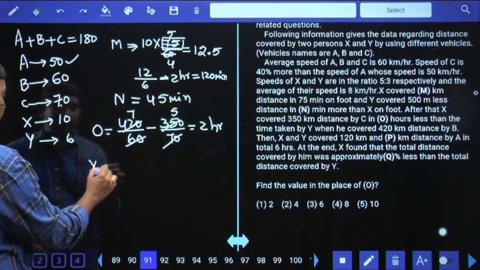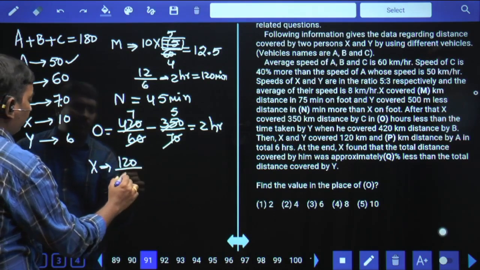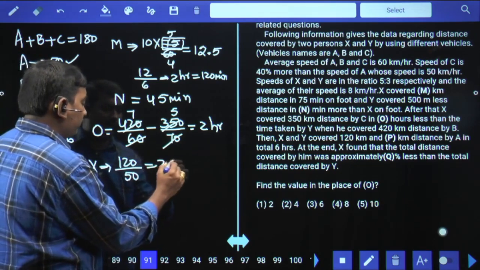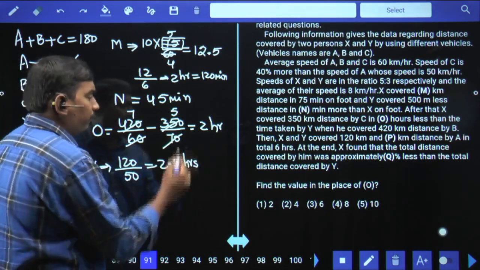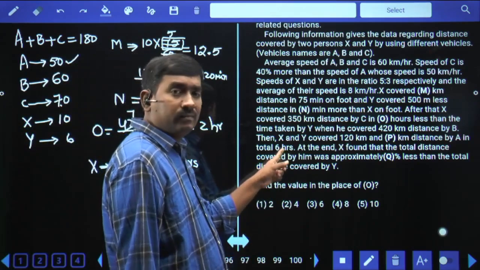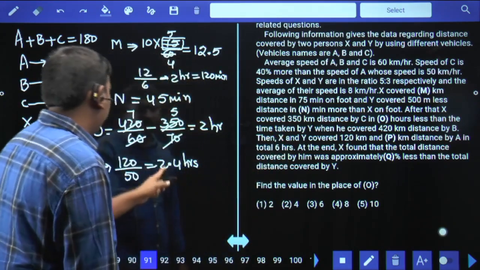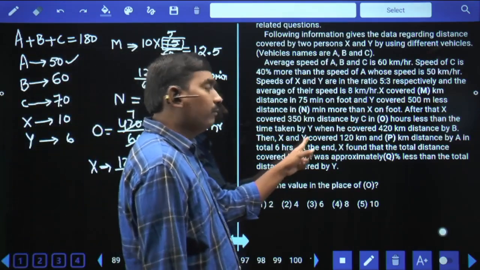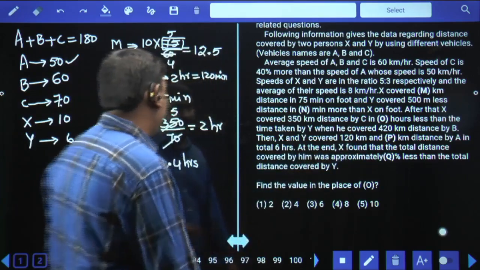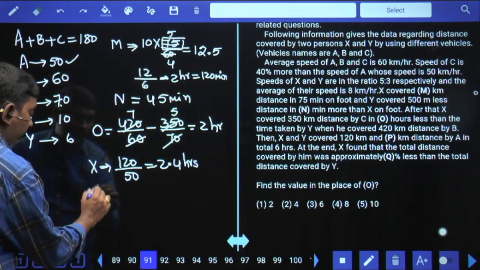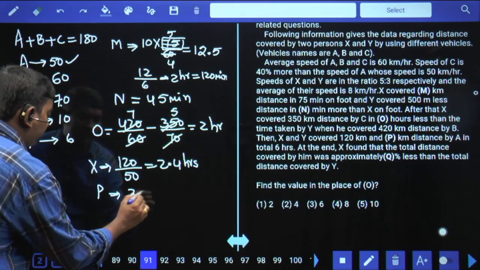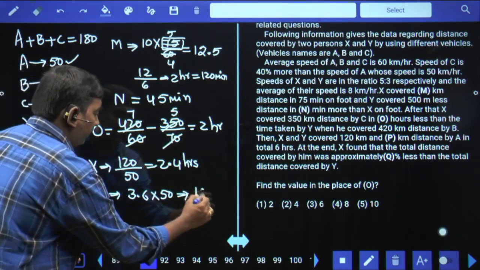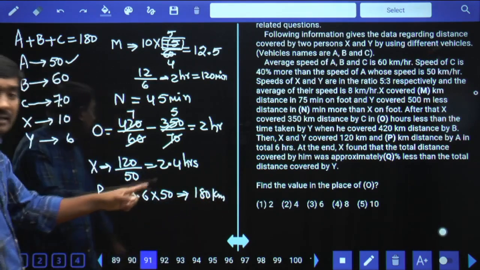To cover that 120 kilometers with A, X required 2.4 hours. Out of 6 hours, X's timing is 2.4 hours. It means the remaining 3.6 hours belongs to Y to cover P kilometers by A. A speed is 50, so P is 3.6 times 50, that is 180 kilometers. This is the distance traveled by Y.